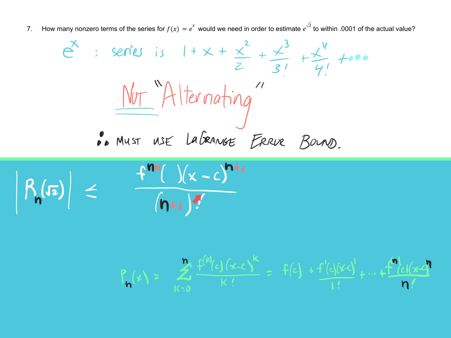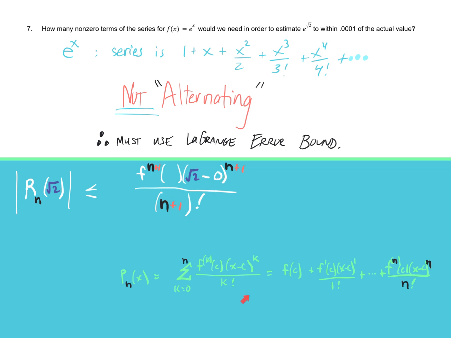I haven't finished everything yet. All right, let's pause for a second. Now this is the remainder when you evaluate the function at x. So the square root of 2 can be substituted in for x. In this series, e to the x's series is centered at 0, so we can put a 0 right there. There we go.